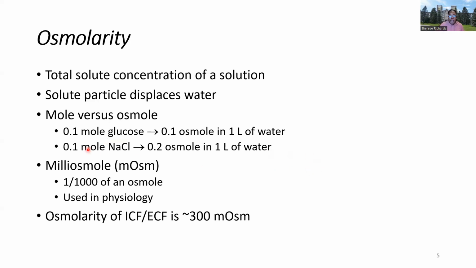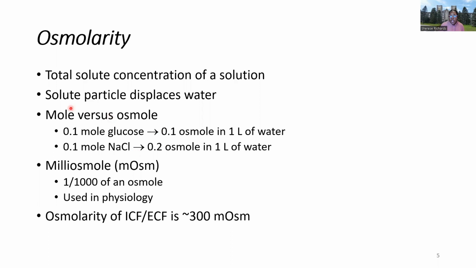Let's look at another example and compare that. So if we have 0.1 mole of sodium chloride, NaCl, that will further dissociate into 2 different particles once it gets into water. It's going to dissociate into sodium as 1 osmole, and then it's going to dissociate into chloride as another osmole, if you think about that being dissolved in water. And so the osmolarity will be 0.2 in a liter of water.